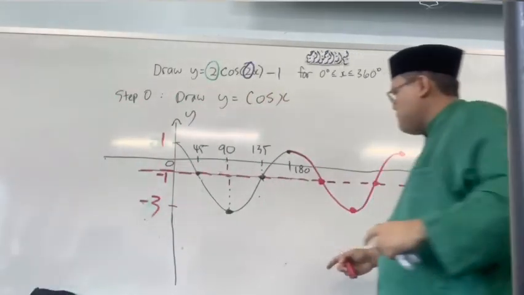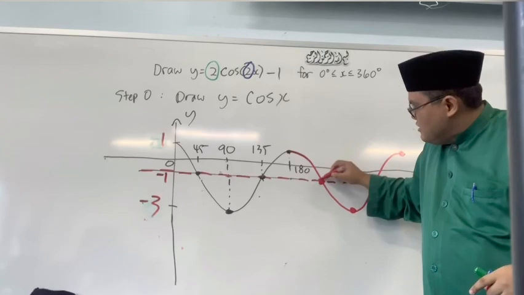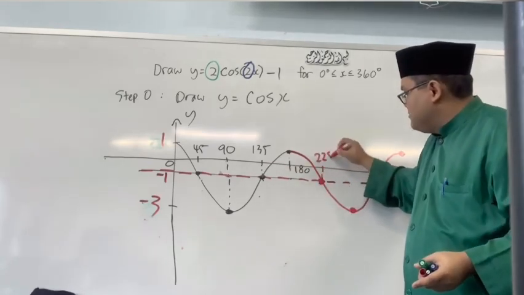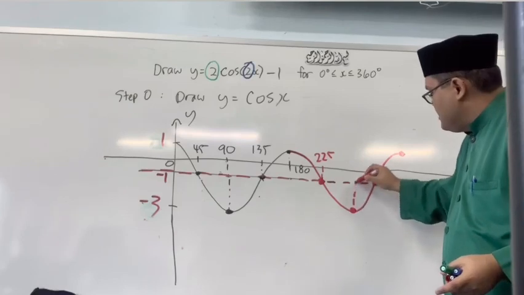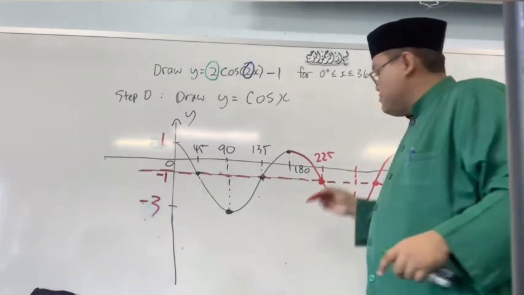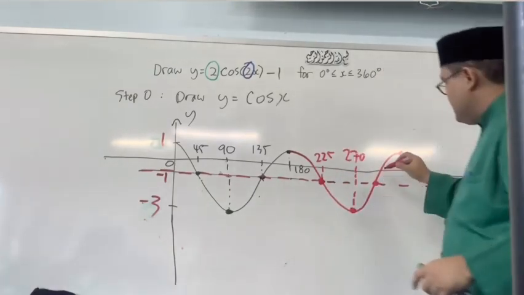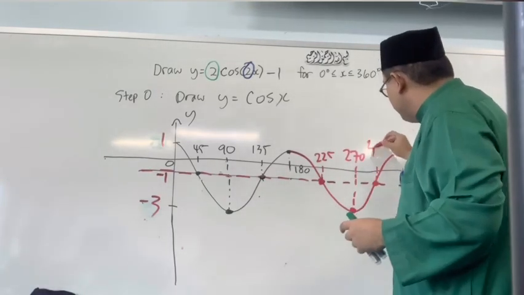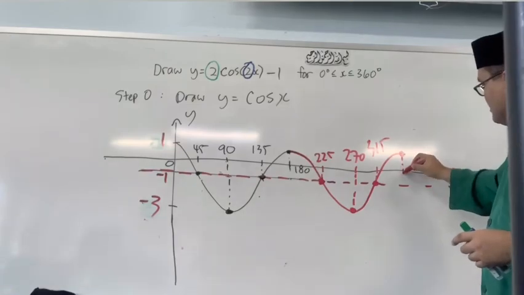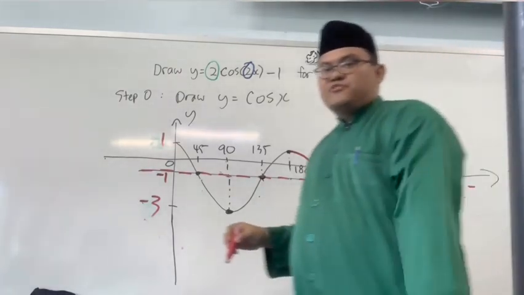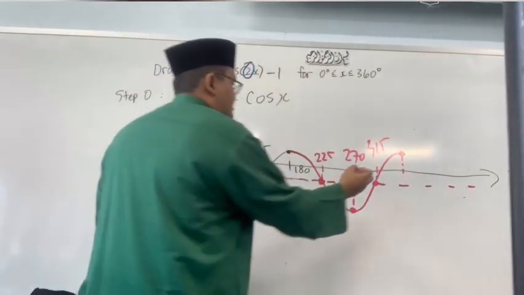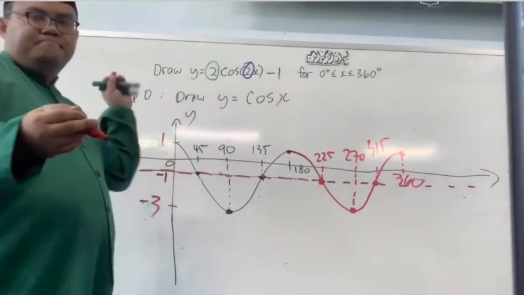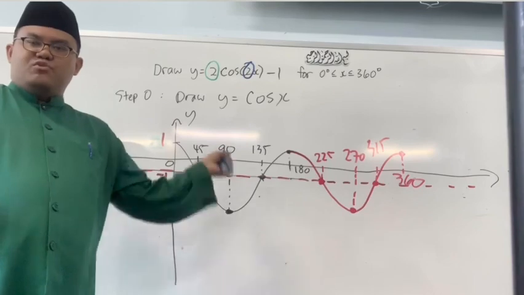So, if this is 180, this one will be 180 plus 45, 225. So, here will be 225 plus 45, 270. Here will be 270 plus 45 is 315. And lastly, here will be 315 plus 45 is 360. And done. That is for cosine curve.